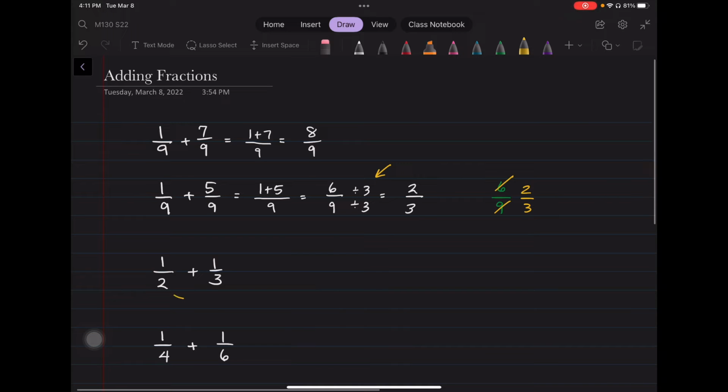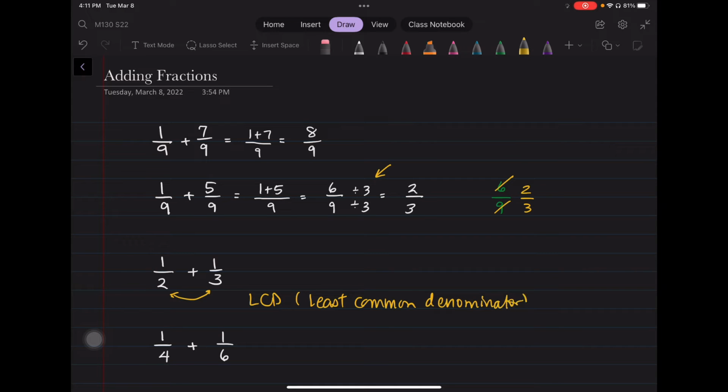And so this is an instance where the common denominator, the LCD or least common denominator, is 6. That means that the smallest multiple of 2 and 3 is 6. 2 is a factor of 6, 3 is a factor of 6.